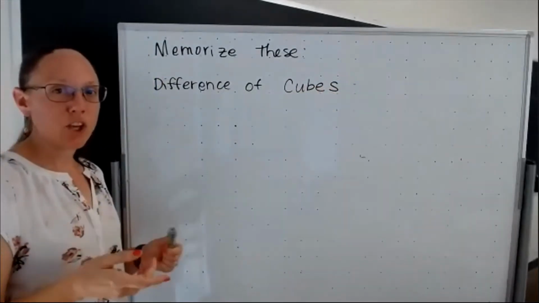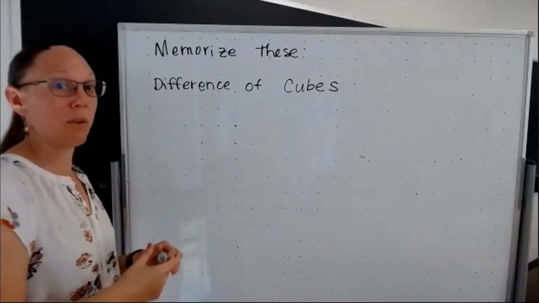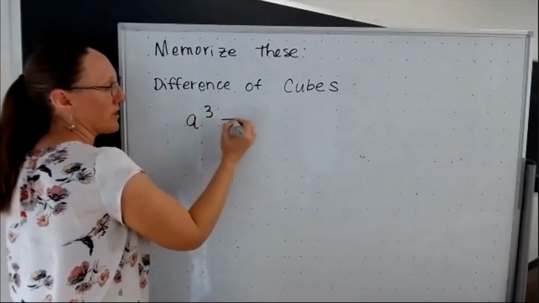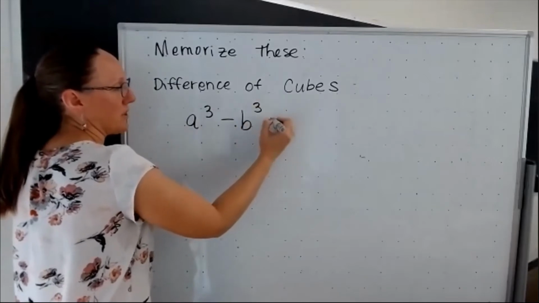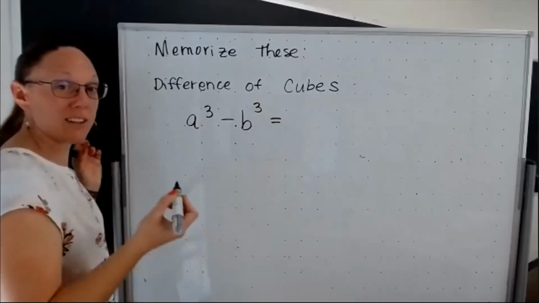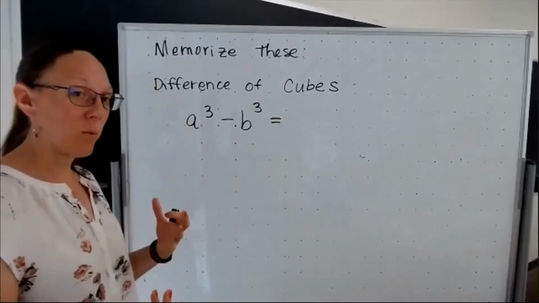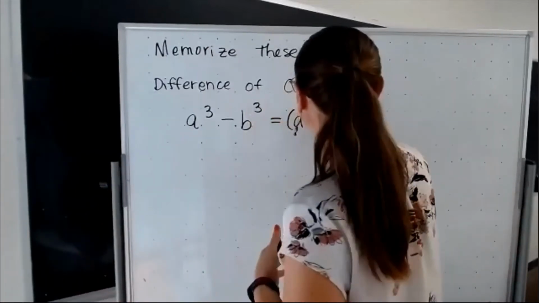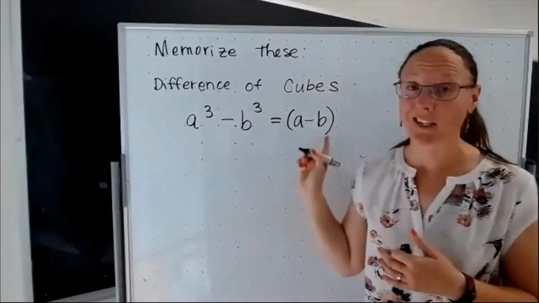On the difference of cubes, again, we've got a formula. If I had a cubed minus b cubed, this factors, and it starts off in kind of the same way that our difference of squares factors, meaning I'm going to have that a minus b term.